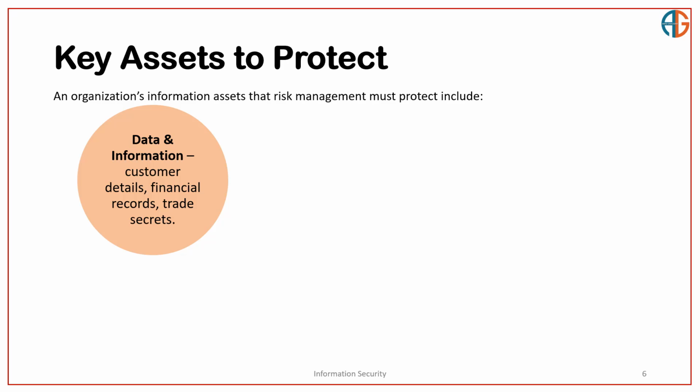If a company is doing business, customer details, financial records and trade secrets will be there, and those should be protected. So the first key asset to be protected is the data and information.